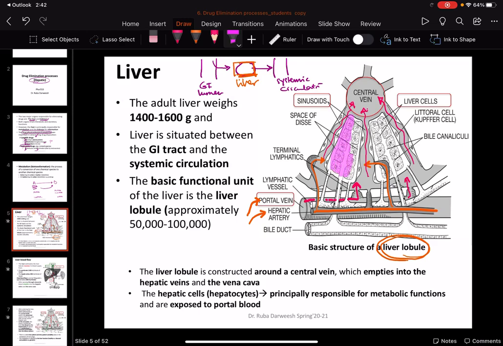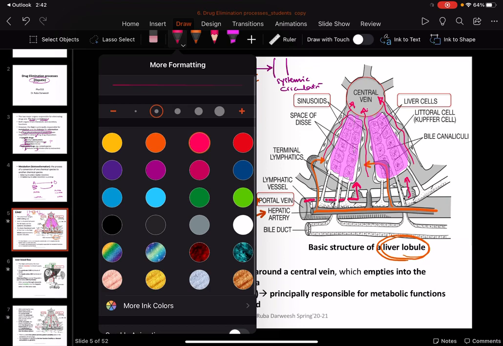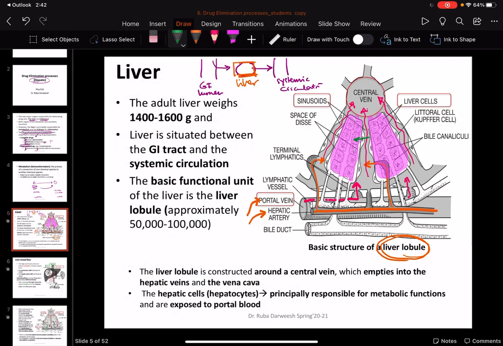Those are the hepatocytes or the liver cells, in which we will have a transfer between the blood and the hepatocytes of the material. In this case, we are interested in the drug. Okay, so this is the anatomy of whatever is happening, and for sure, after which the drug or the blood will go into the central vein to the venous system.